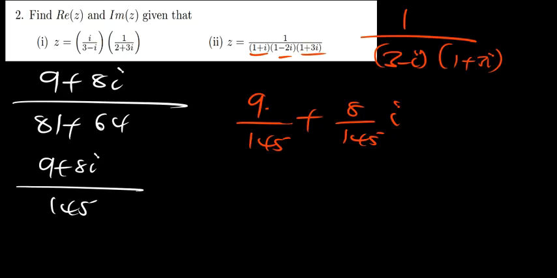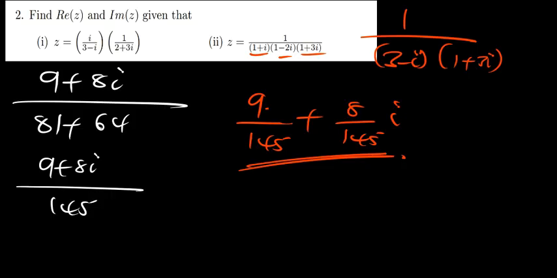What of 145? 145 divided by 3, it leaves a remainder. What of 9 itself? 145 divided by 9 itself, it leaves a remainder. So this one I'll leave the way it is. What of 8? I don't think so. So I'll end up there.